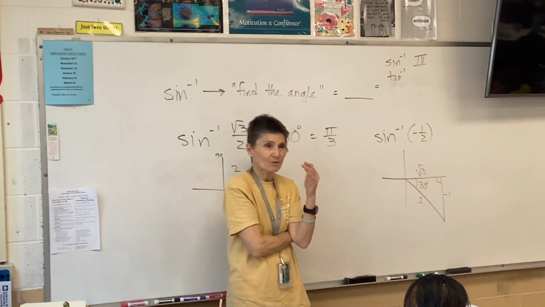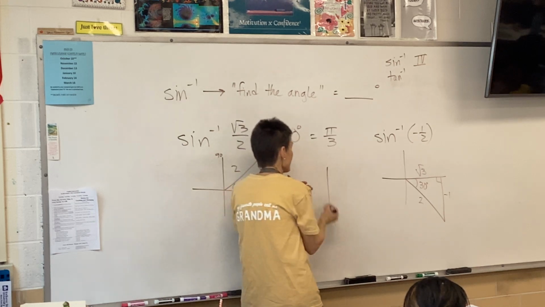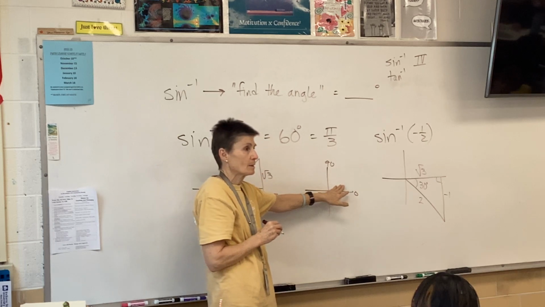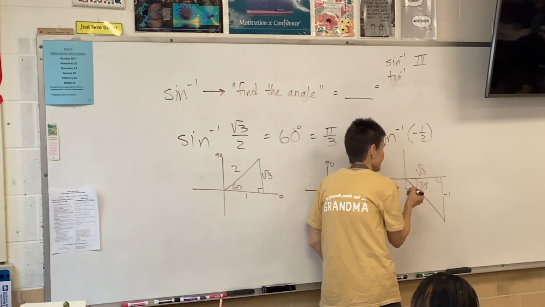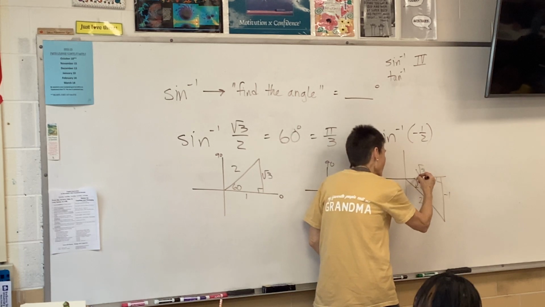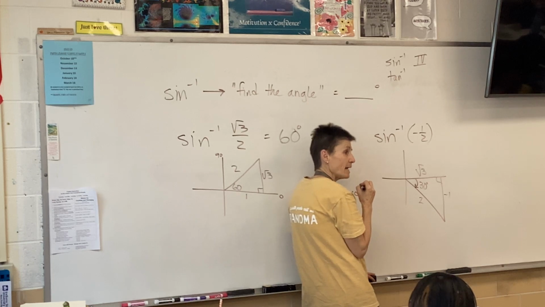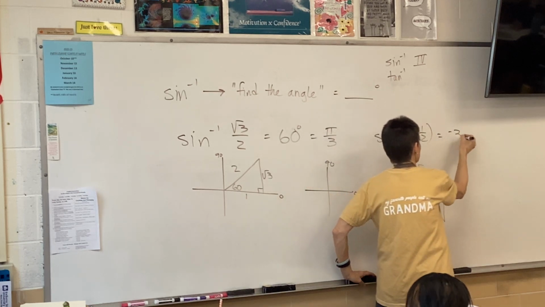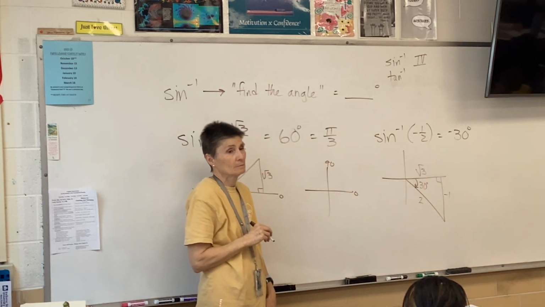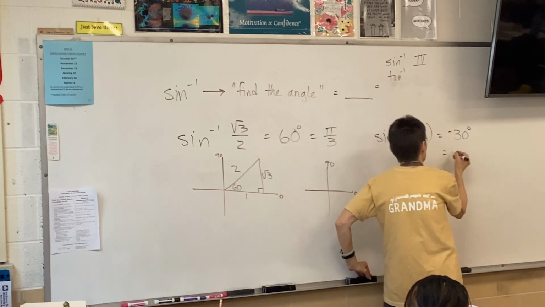You can't say 30, because where's 30 degrees? Isn't 30 degrees in quadrant 1? So it's not really 30, I went this way. What do I do when I go this way with my angles? -30. The answer to the question is -30 degrees. -pi/6 radians. Very good, thank you.